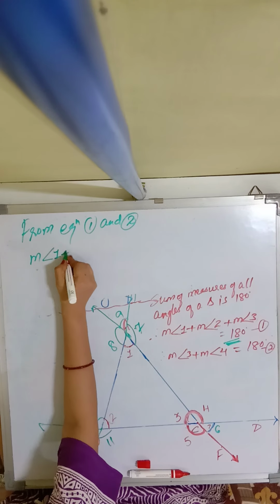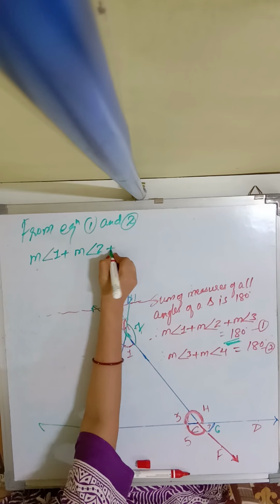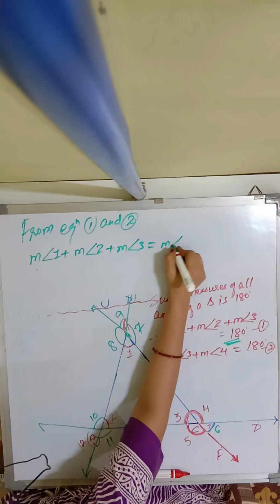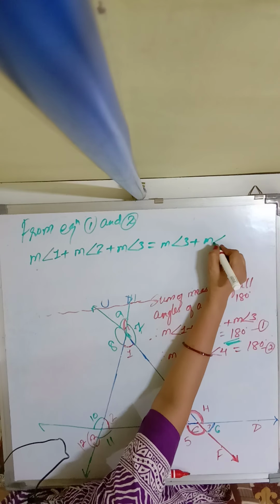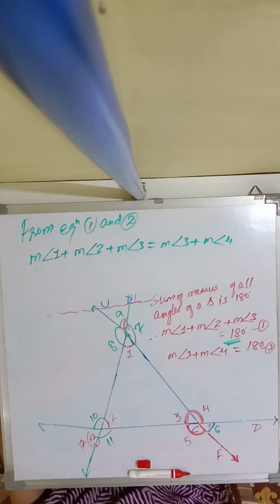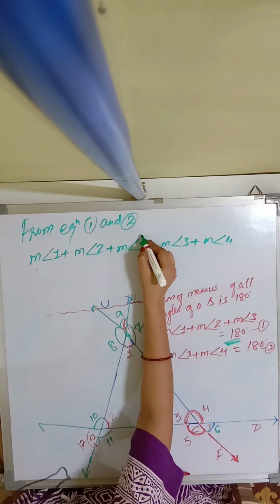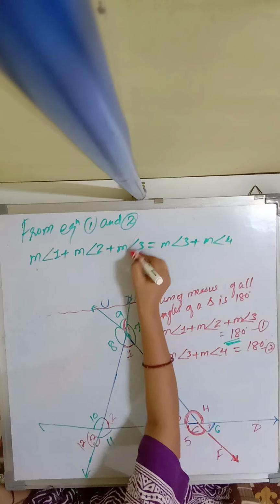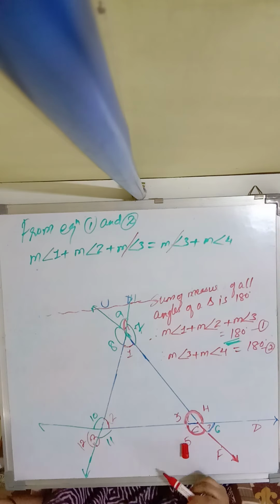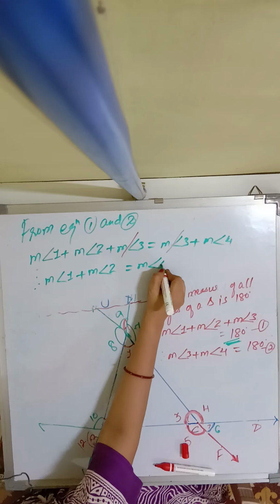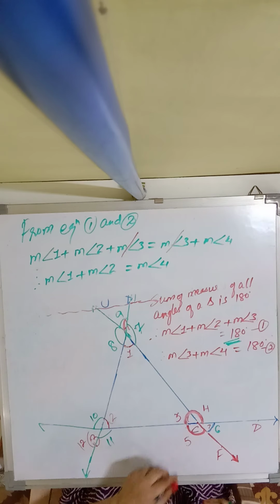Measure angle 1 plus measure angle 2 plus measure angle 3 is equal to measure angle 3 plus measure angle 4. Now measure angle 3 is on both sides, so it gets cancelled. Therefore, measure angle 1 plus measure angle 2 is equal to measure angle 4.